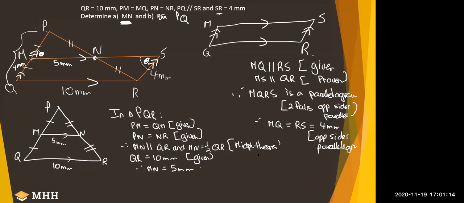And then I can say PM is equal to QM is equal to 4 millimeters. Why? Because it was given. So therefore, PQ is 8 millimeters. Right, I hope it made sense.